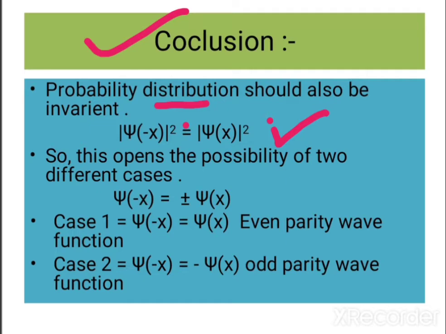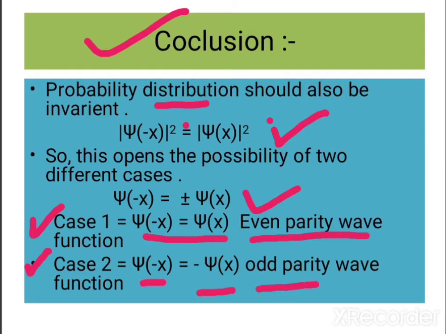After removing the square terms, psi(-x) will give plus or minus psi(x). Case 1 has psi(-x) equal to positive psi(x), that is known as an even parity wave function. And in case number 2, psi(-x) equal to negative psi(x), that is an odd parity wave function.